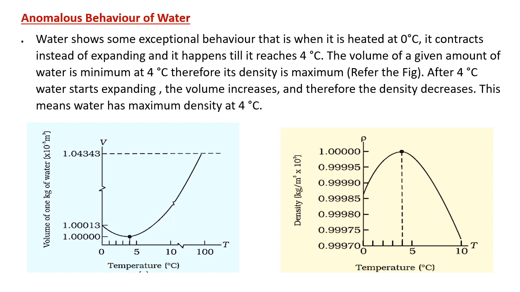The volume of the given amount of water is minimum at 4 degrees Celsius, as shown in the following graphs also, and therefore its density will be maximum at this temperature. After 4 degrees Celsius, water starts expanding. Below 4 degrees Celsius, volume increases and therefore the density decreases.